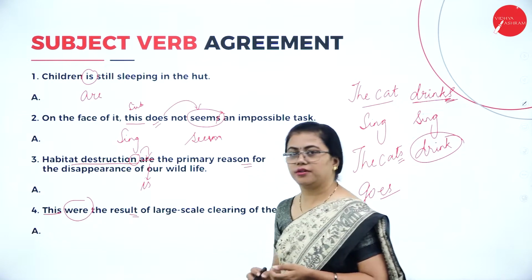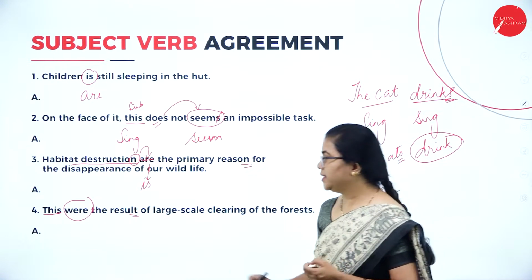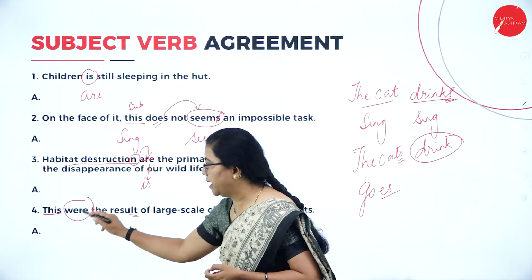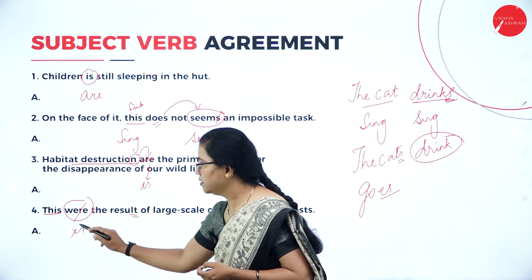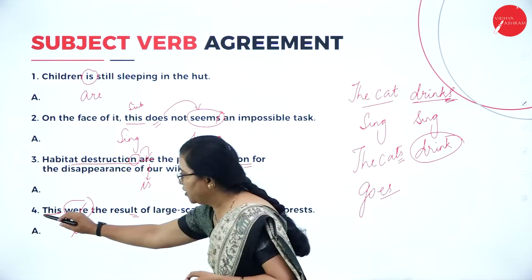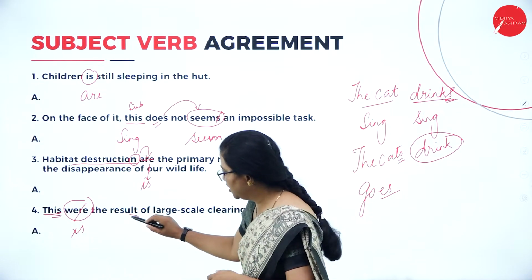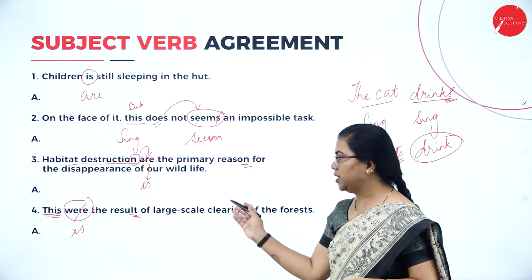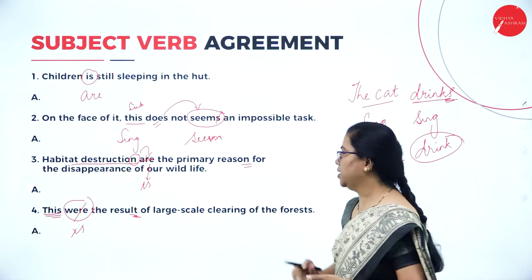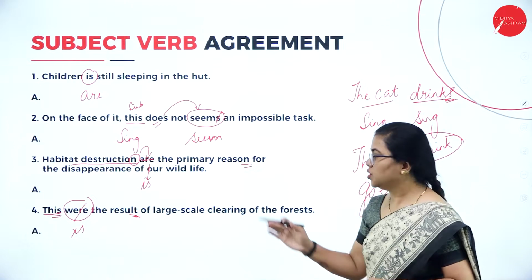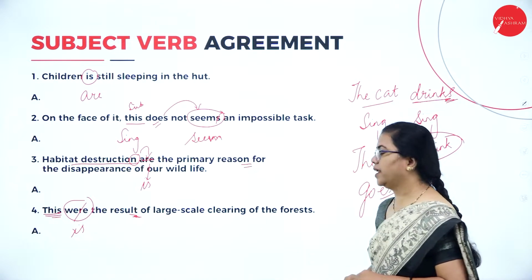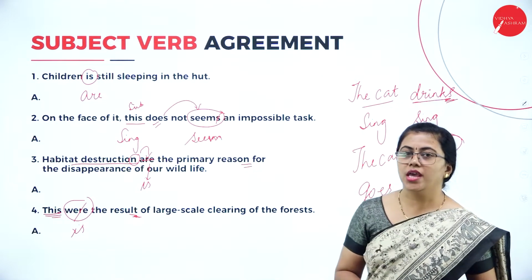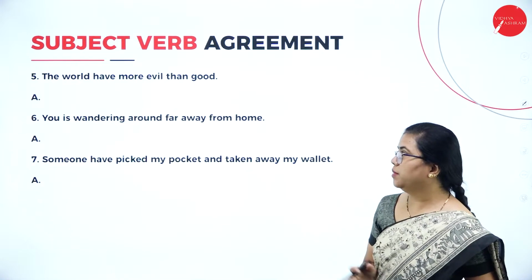Again, here it is singular. Instead of changing in two places, it's better we change this. If you are changing this to these, then you have to change this to results also. That is also possible, but instead of changing in two places, you better change it in one place. So this is the result of large scale clearing of the forests. This is how you use subject and verb properly.